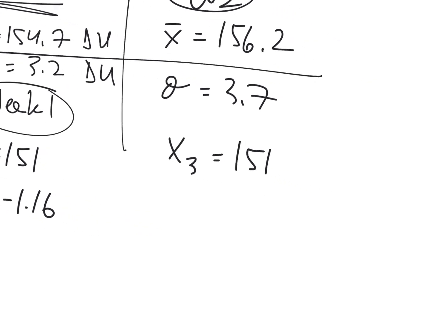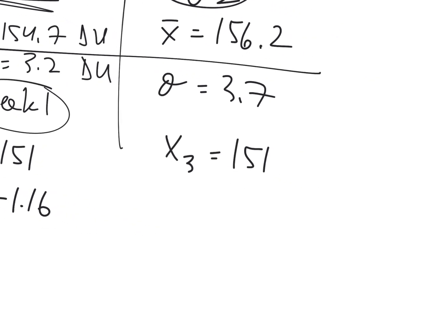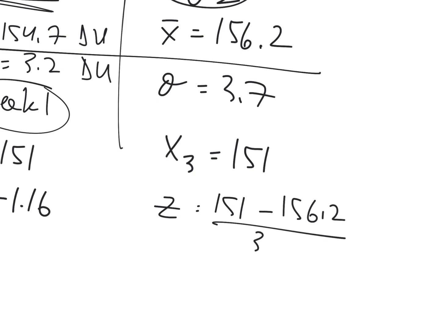But in the analysis of that week's aggregate values for the mean and the standard deviation, it might fall differently. So let's calculate it. So 151 minus 156.2 divided by 3.7. So there's a higher average in the second week for the Dobson units for the thickness of the ozone layer. But let's see where this piece of data falls within the spread of the data.